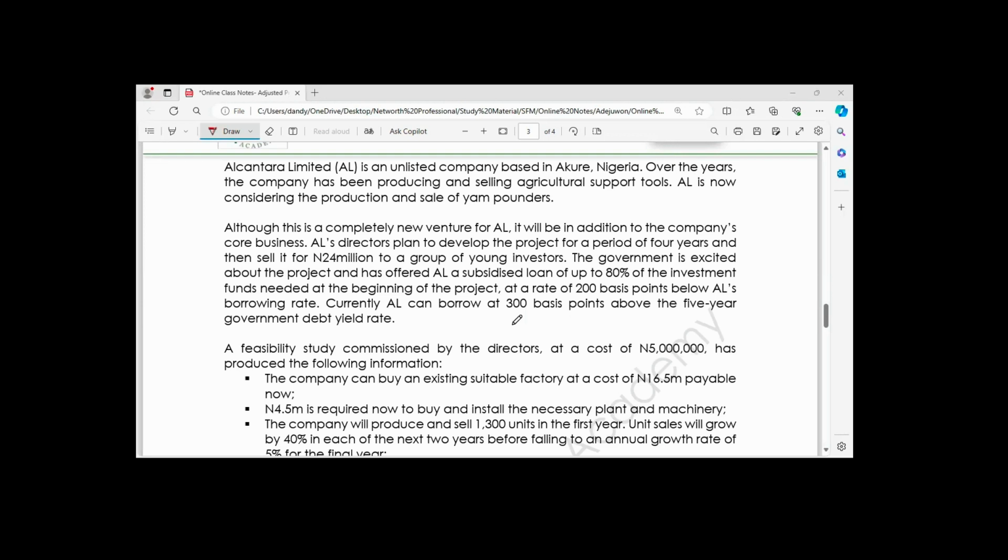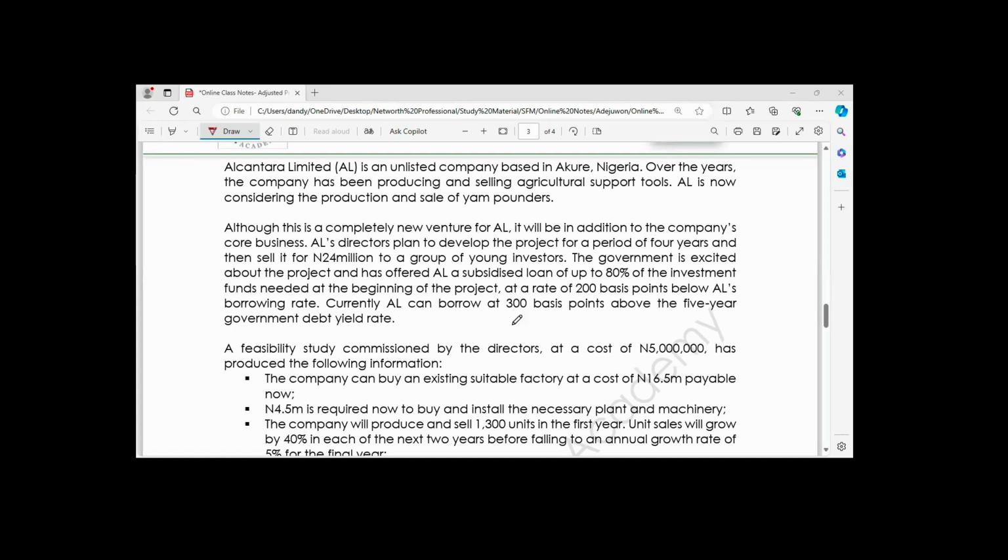The government is excited about the project and has offered AL a subsidized loan of up to 80% of the investment fund needed at the beginning of the project, at a rate of 200 basis points below AL's borrowing rate. Currently, AL can borrow at 300 basis points above the 5 years government debt yield rate.